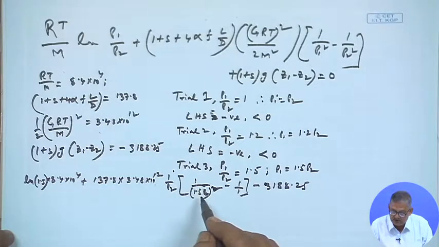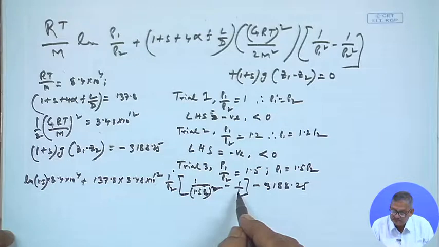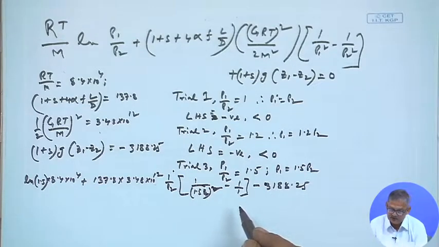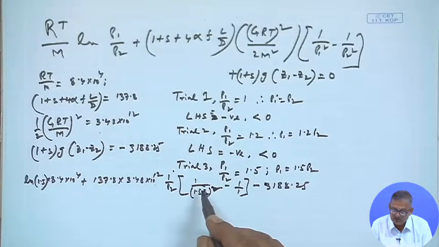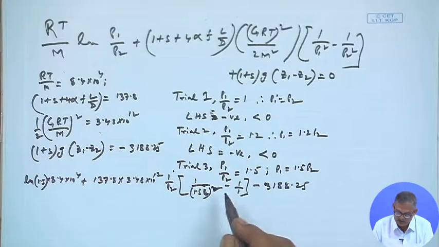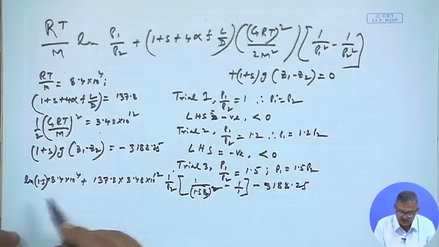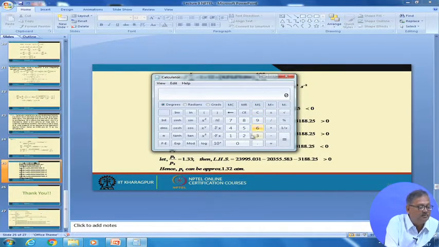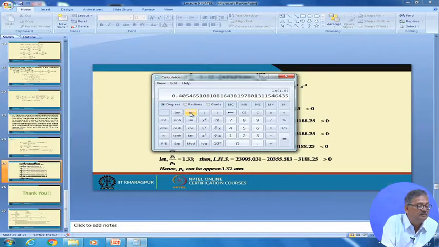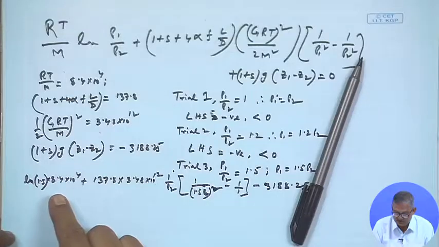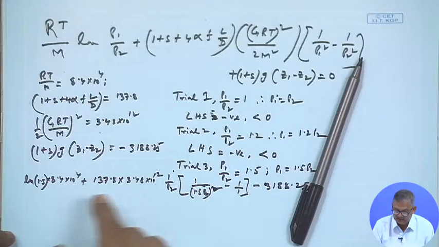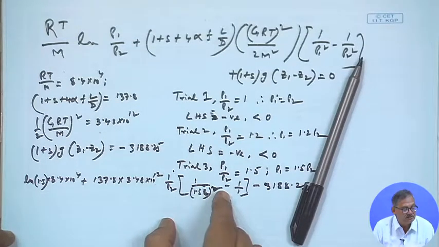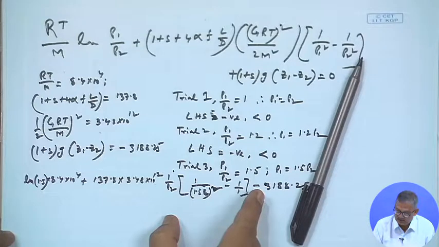So, 1 by 1.5 square minus 1, that becomes minus 0.55, and this is 1, and let us see what about ln of 1.5. The ln of 1.5 is positive 0.40, right. So this is positive, this is negative, this is also negative.